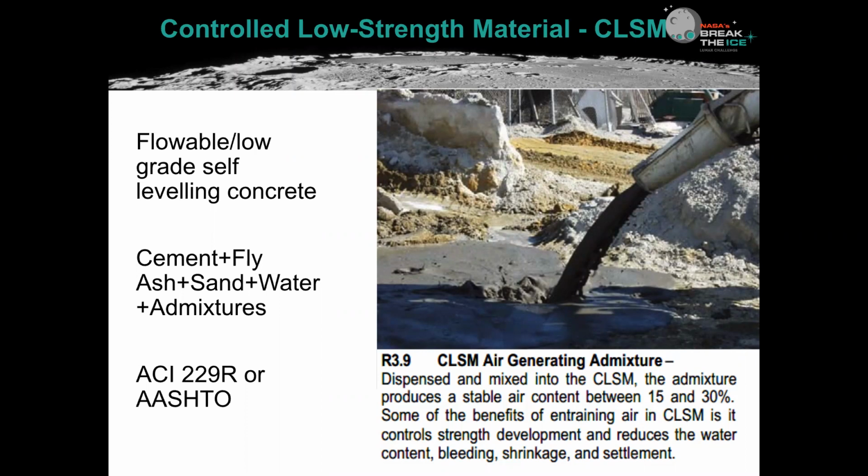The two documents that address this in the construction industry are ACI 229R, as Pete indicated. He's probably already forwarded that to you, and AASHTO, because in highway projects, this material is used quite a bit. So AASHTO has a lot of specifications, the requirements for producing this material on a consistent quality basis. Next slide.